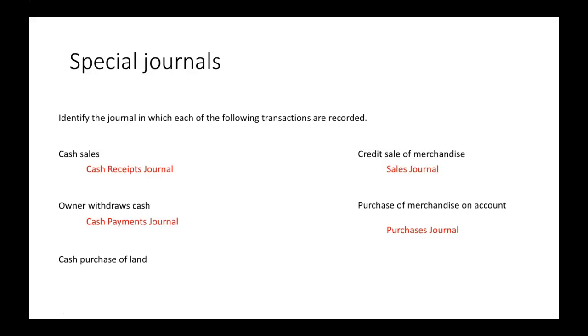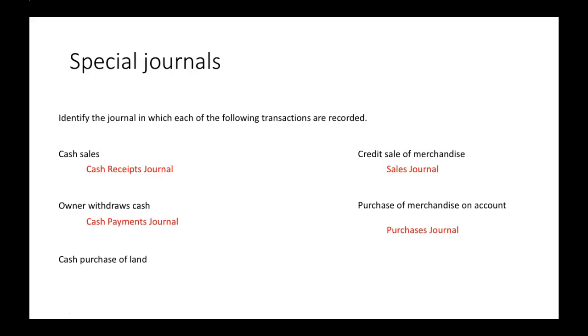Now, cash purchase of land. We might get a little sloppy here and see the word purchase and think purchases journal, right? But again, it's not of merchandise and it's not on account. So we ask ourselves that first question: is cash involved?